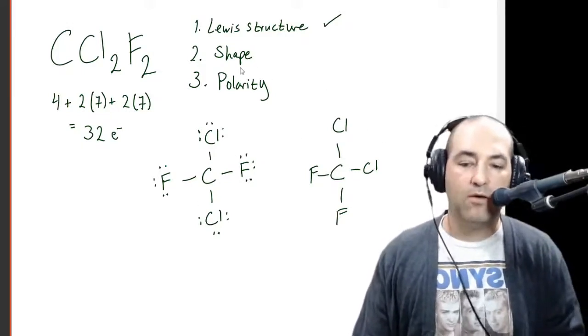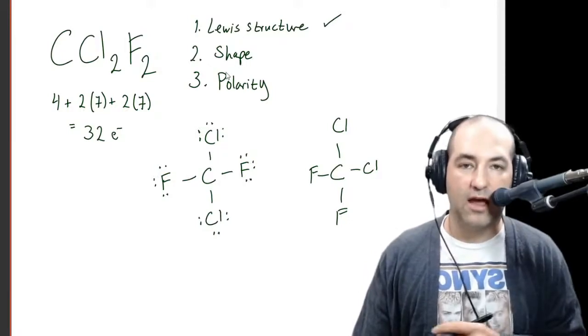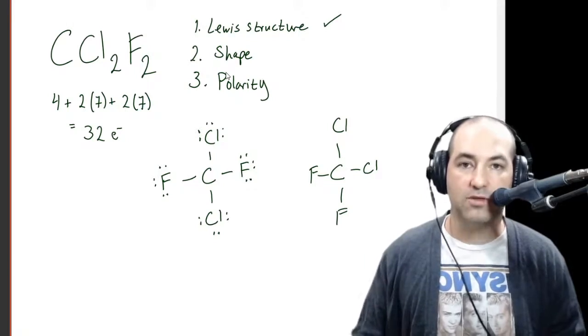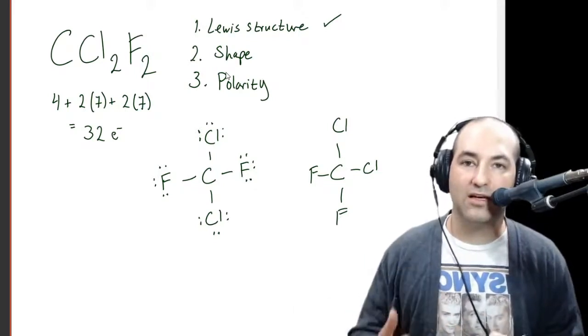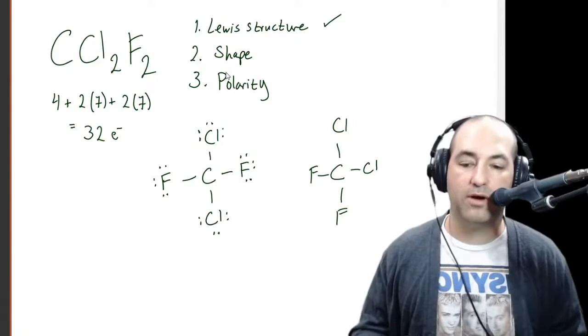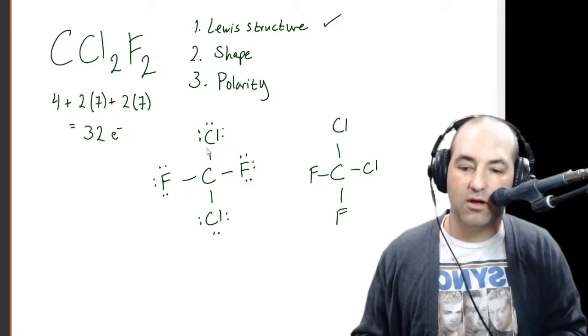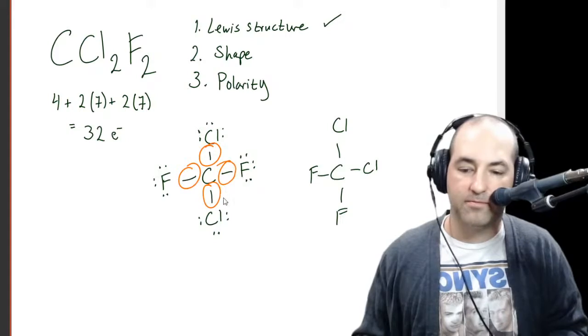Now when we figure out the shape, we need to look at how many electron groups are around the central atom. So how many things, whether those things are atoms or lone pairs of electrons, are connected to that central atom. In this molecule, there are 4 things connected to the central atom.